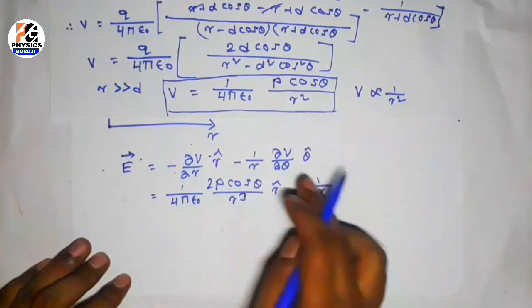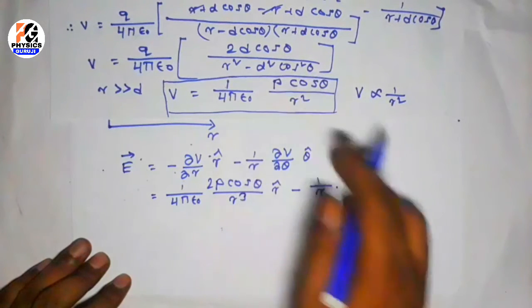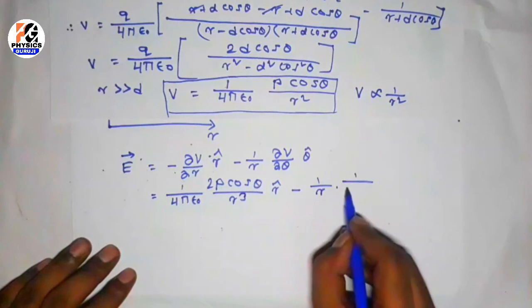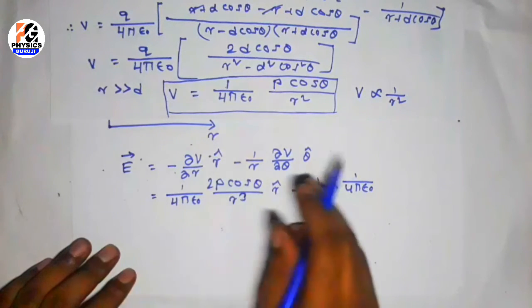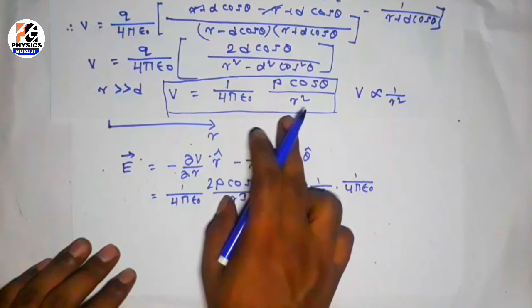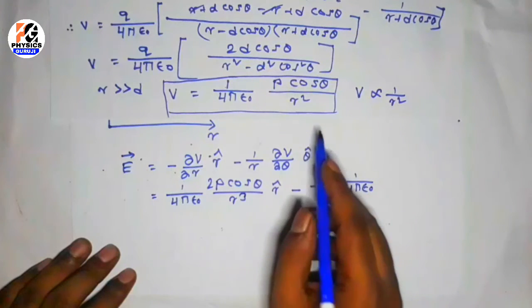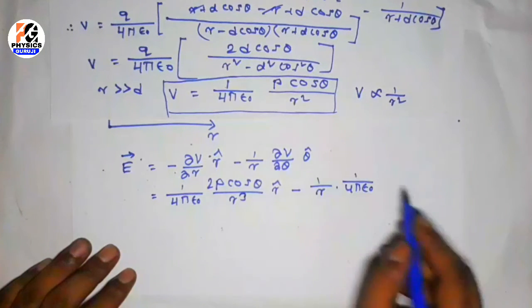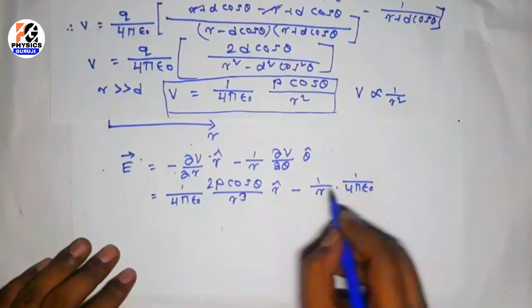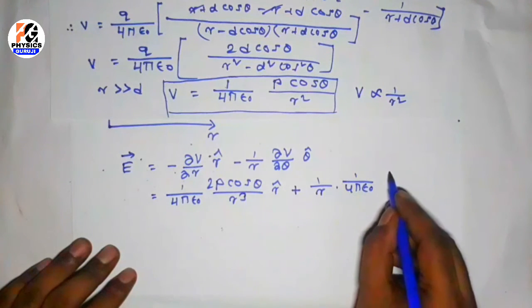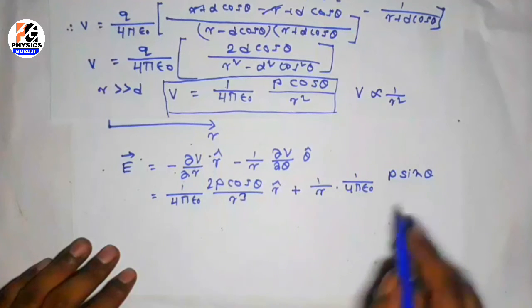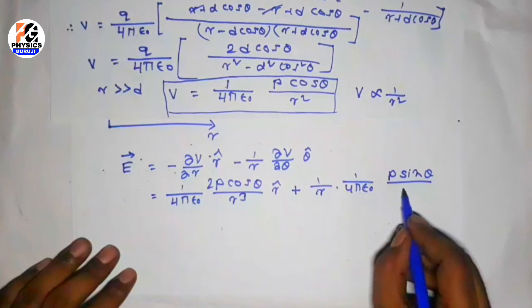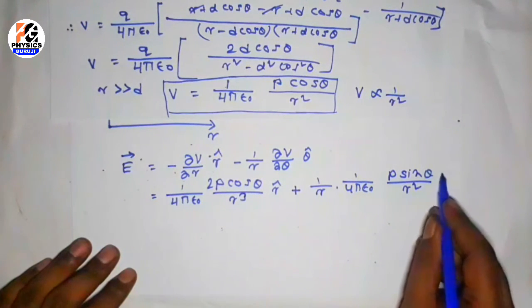Minus 1 by r del V del theta. Del V del theta means 1 by 4 pi epsilon 0 times the differentiation of cos theta, which is equal to minus sin theta, so that is plus p sin theta by r square into theta cap.